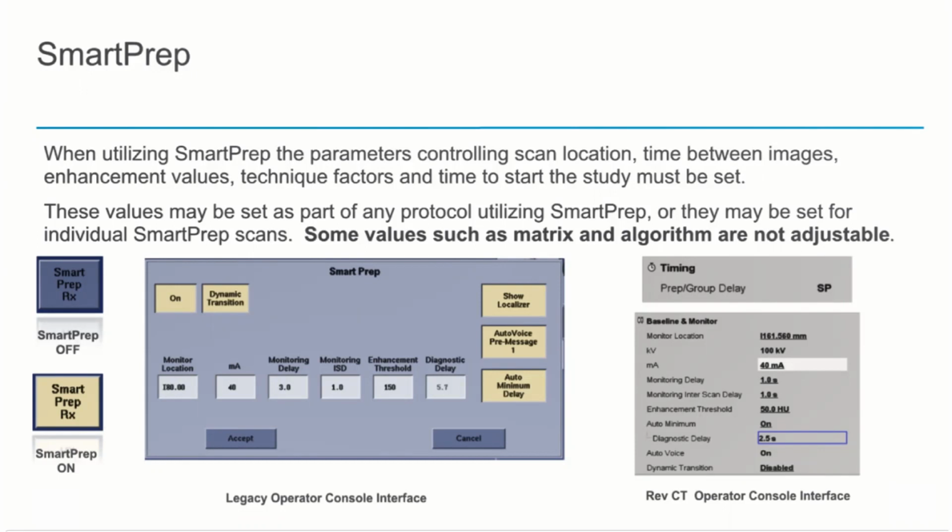Also, the mA can be adjusted to fit the patient, but certain other factors are fixed in SmartPrep, like the matrix and the algorithm. The kVp for SmartPrep will be determined by the kVp for the acquisition. So you can adjust the mA, but not all other factors specific for SmartPrep, like matrix or kVp. Remember that.